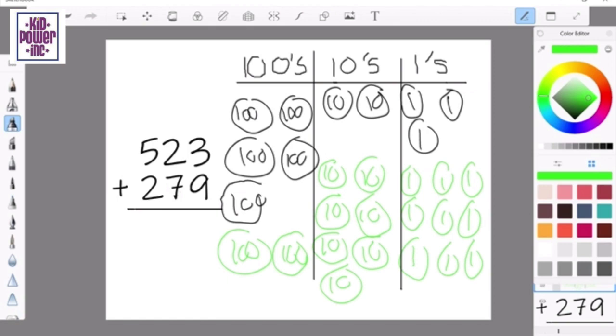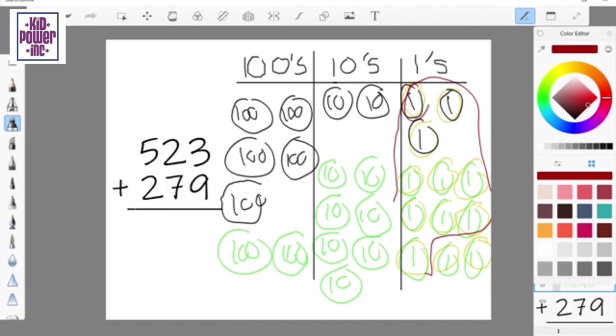Now let's add up the numbers in the ones column. We have a lot. 1, 2, 3, 4, 5, 6, 7, 8, 9, 10, 11, 12. So, again, you know the drill by now. We have to bundle up 10 of them.